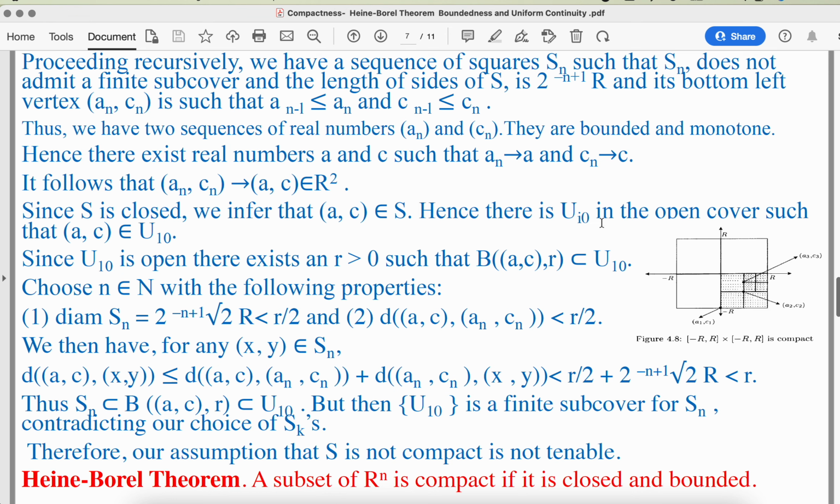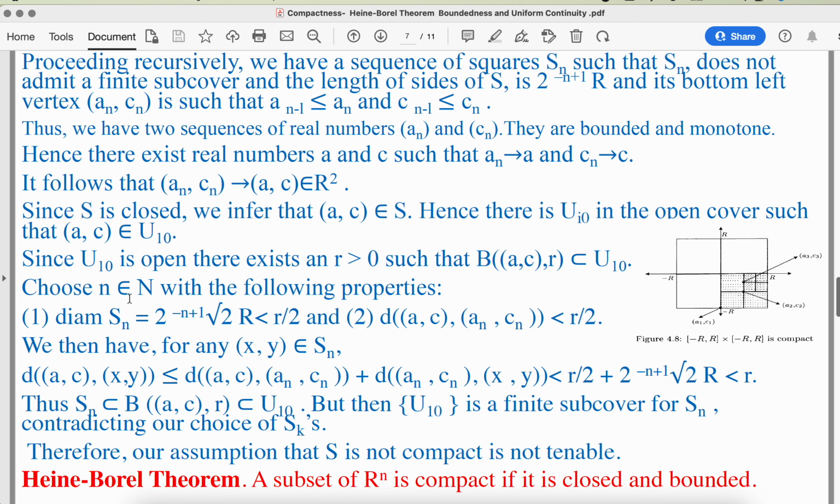Hence U i0 is the open cover such that (A, C) belongs to U i0. Since U i0 is open, there exists an R greater than 0 such that the ball centered at (A, C) and radius R is a subset of U i0. Here i0 is in the indexing set.